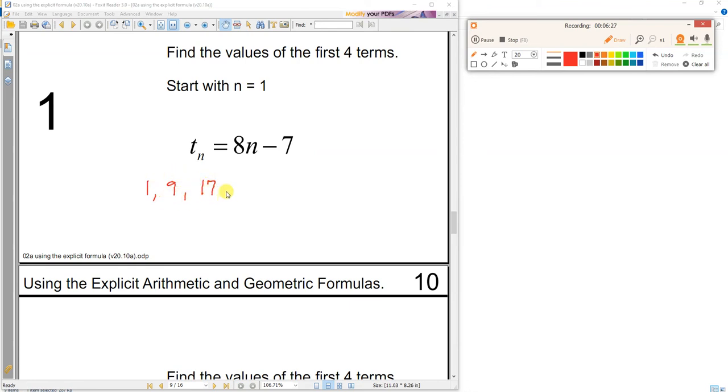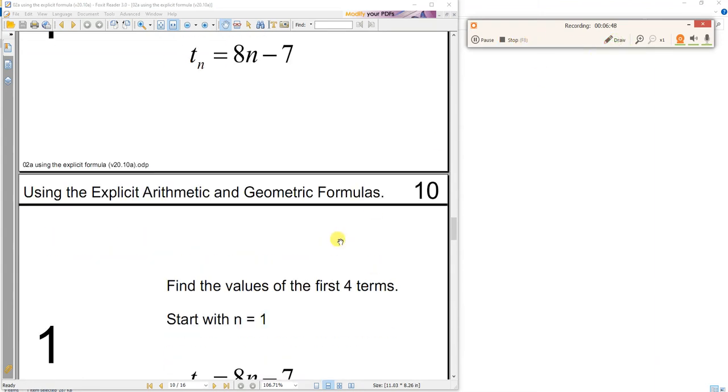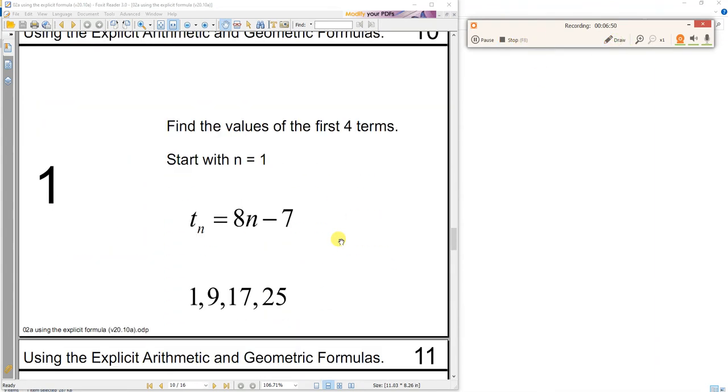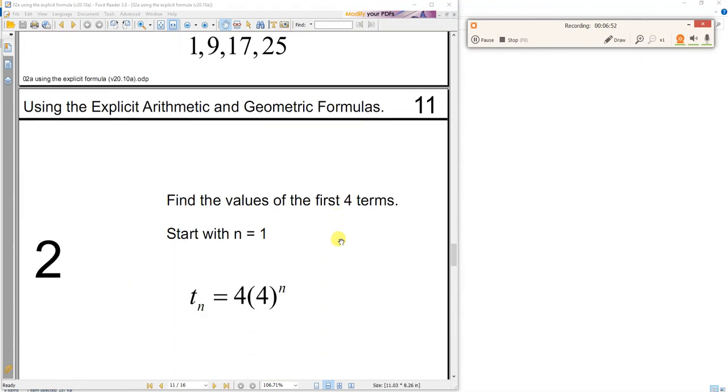Plus 8 would take me to 25. Plus 8 would take me to 33. That's the common difference. Plus 8, plus 8. One, 9, 17, 25.